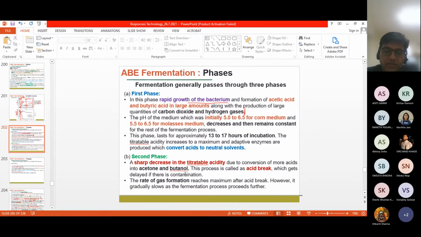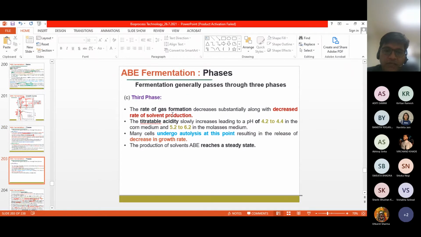Along with that, there is an evolution of gases, hydrogen and carbon dioxide. It is very important that whenever gases are produced, they should be vented out from the reactor system, otherwise it would create pressure within the fermentation system. That also has to be taken into consideration when we design a fermenter.